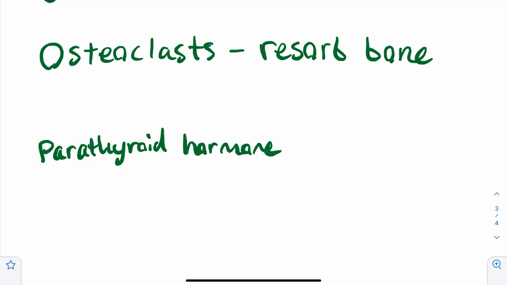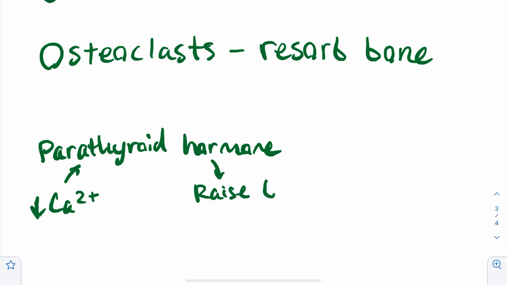And of course there's other ions like phosphate, etc., but calcium is the one that's going to trigger parathyroid hormone. This works by a negative feedback mechanism. So basically, if calcium gets too low, this is going to trigger parathyroid hormone, and parathyroid hormone is going to raise blood calcium levels.